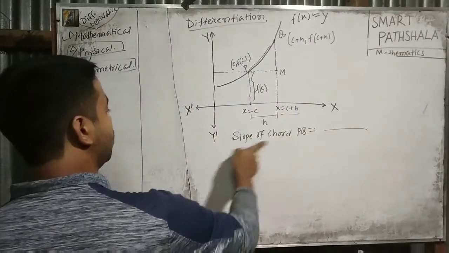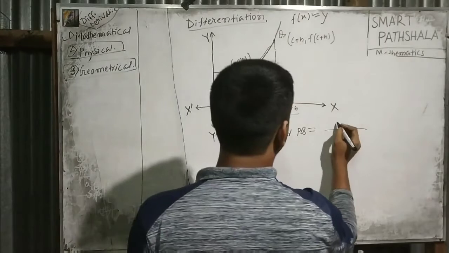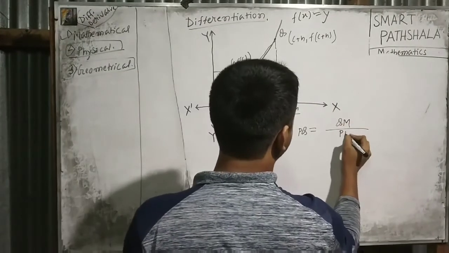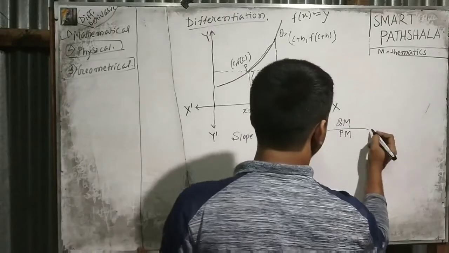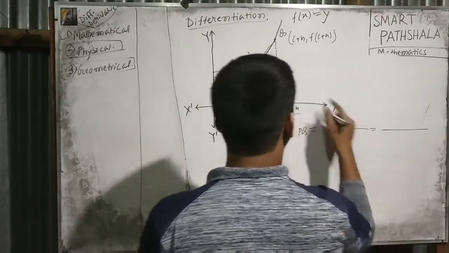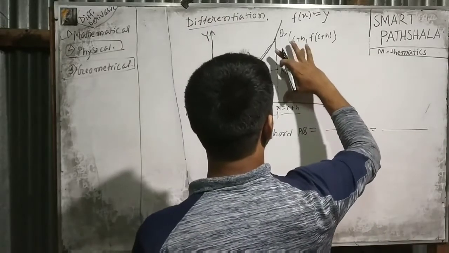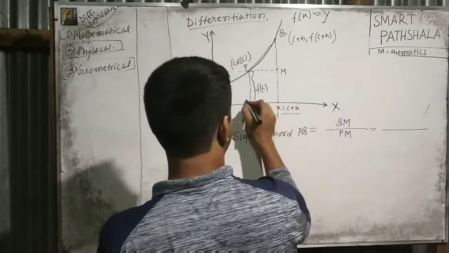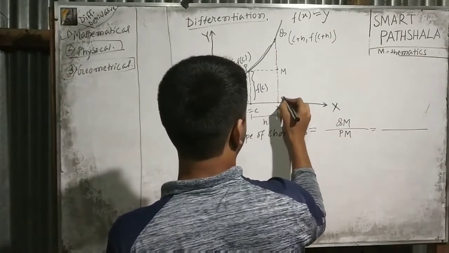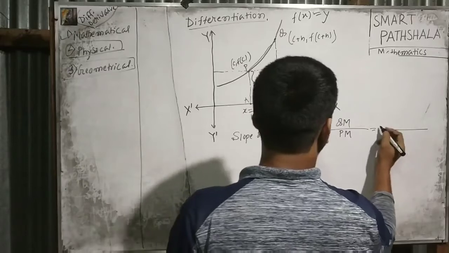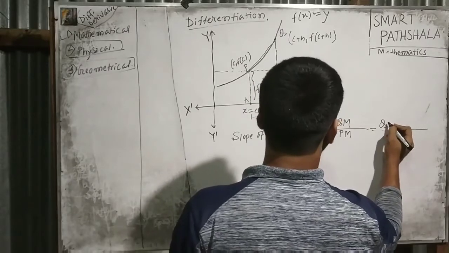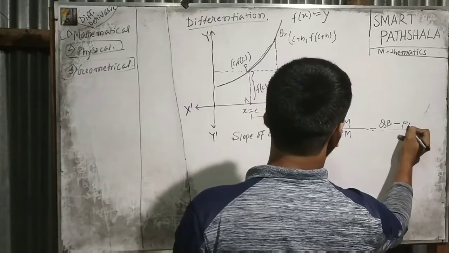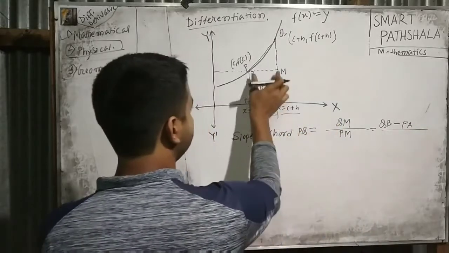Okay. Now the slope of the chord is calculated by QM by PM. Right? Now what is QM? This distance. Now if I put this one as A, this one as P, then QM is nothing but QB minus PA, by PM. What is PM? This distance.